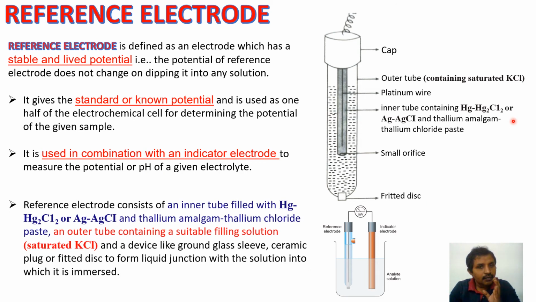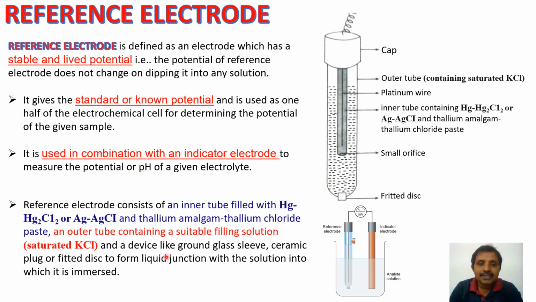Now, the construction part. The outer part of the reference electrode is filled with saturated KCl, potassium chloride, and the inner part of the reference electrode is filled with mercurous chloride or AgCl or thallium amalgam, thallium chloride paste.